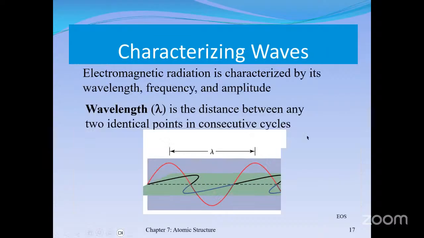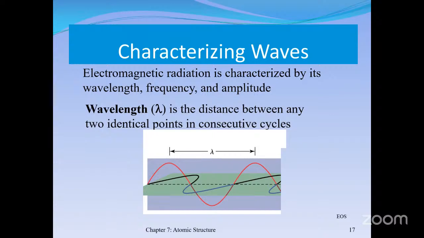So there are a couple of characteristics of waveforms that you need to know, or you need to be familiar with. You have the wavelength, the frequency, and to a lesser extent, the amplitude. The wavelength, let's talk about that. The wavelength is the distance between two successive peaks or two successive troughs, or as stated here, two identical points in consecutive cycles.